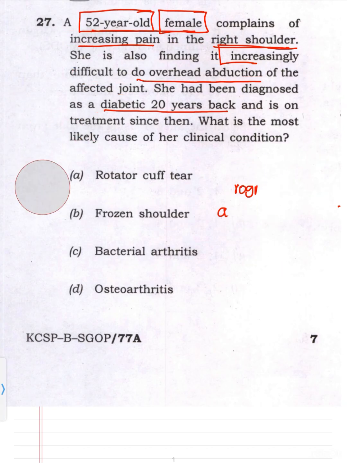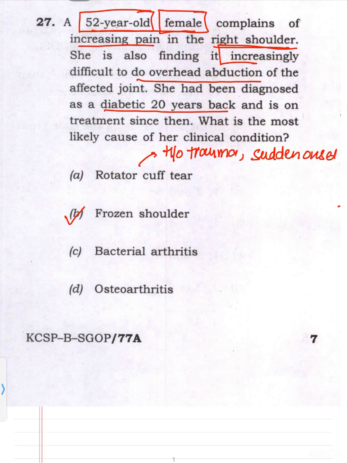Now coming to other options, why is it not rotator cuff tear? The answer would have been rotator cuff tear if there was history of trauma, there was sudden onset weakness, there was history of painful arc, about 60 to 120 degrees.